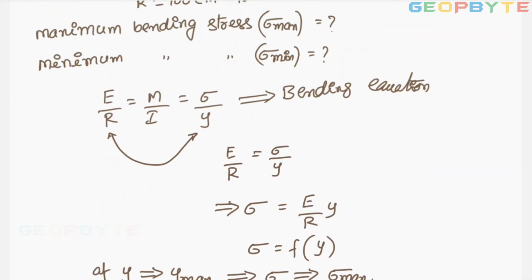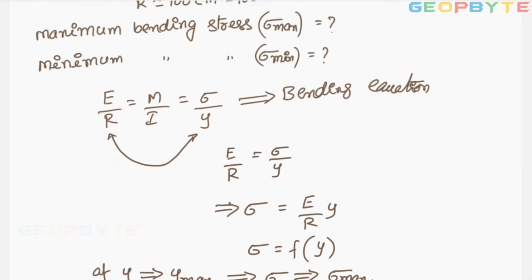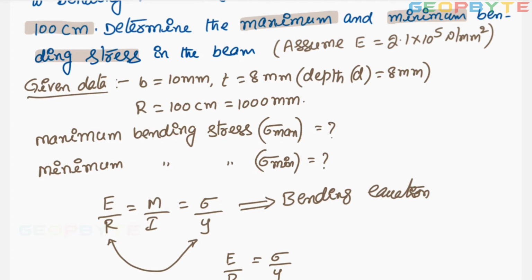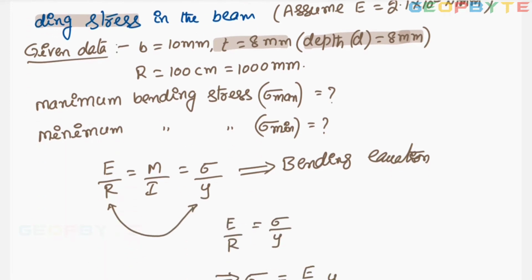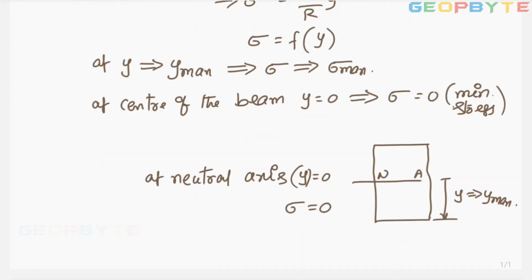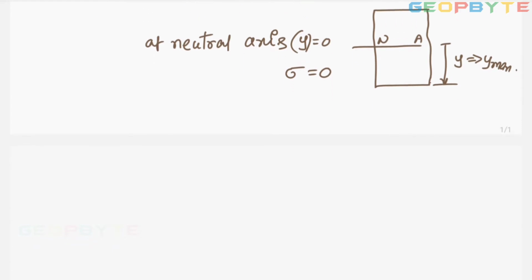But in our problem, the thickness is given. In our problem, thickness is given as 8 mm. That thickness is nothing but the depth of the beam. Depth equals thickness, equal to 8 mm.